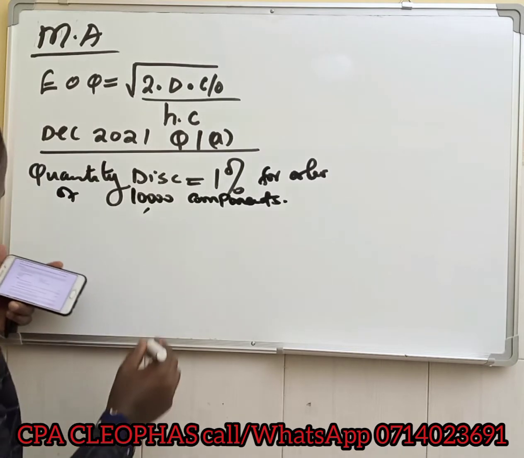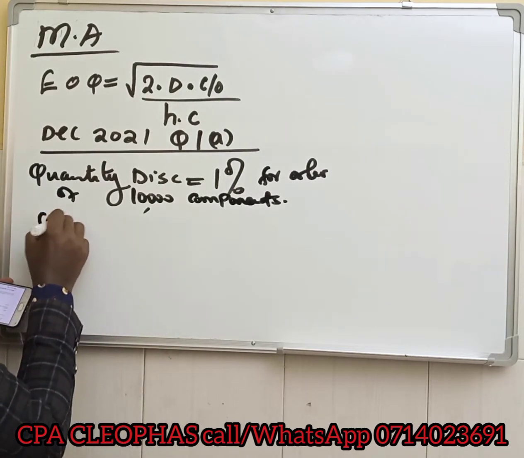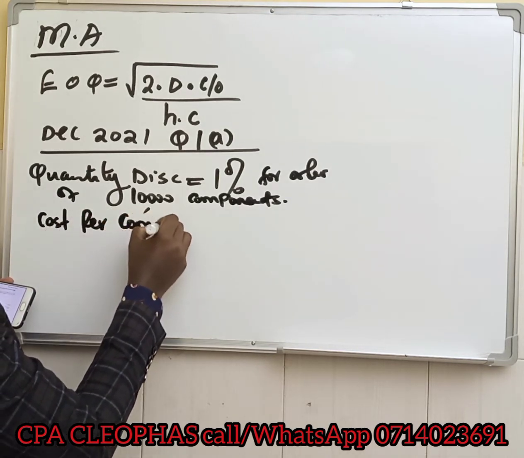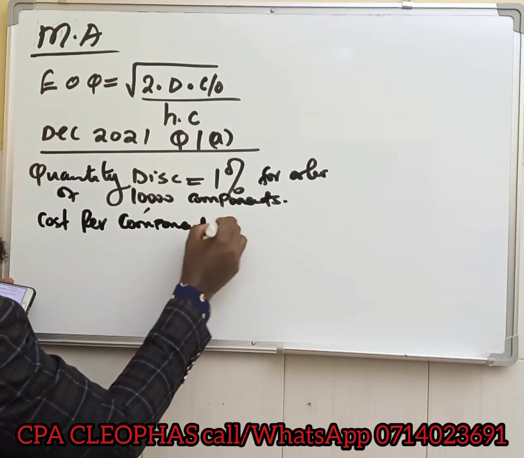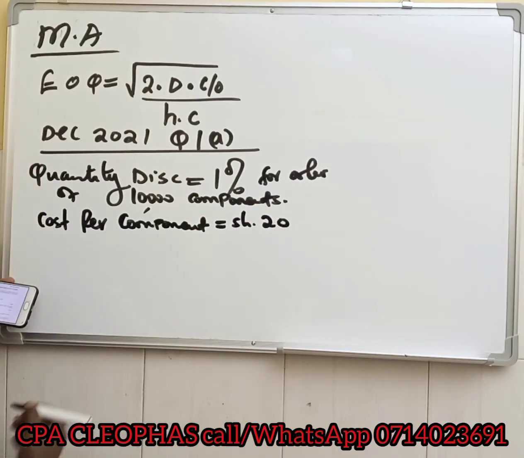Then we have the cost per component before discount, which is 20 shillings.